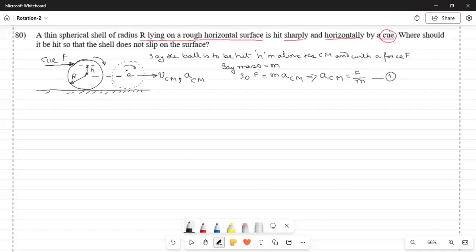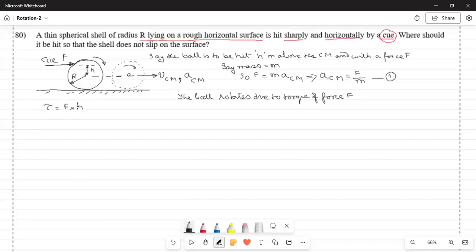Now it rotates. It rotates due to the torque of the force F. And what is this torque? Torque is equal to force F multiplied by h, the distance.